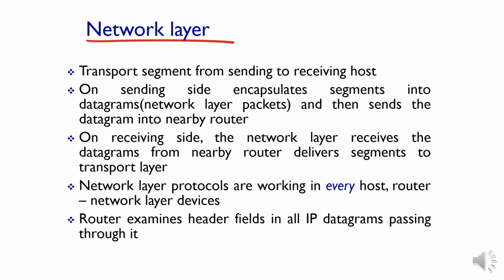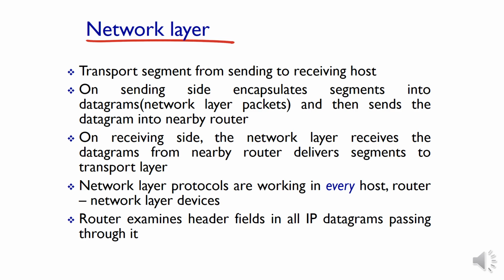One of the most complex layers in the protocol stack is the network layer. The transport layer is connected with this network layer, and the layer below the network layer is the link layer.